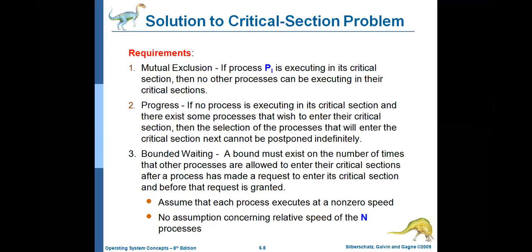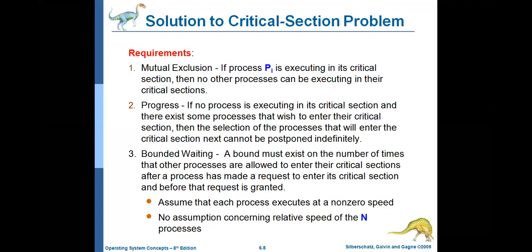You should not give the chance to enter every time to the same process. The process has to wait for some time, and then it is allowed to enter into the critical section.